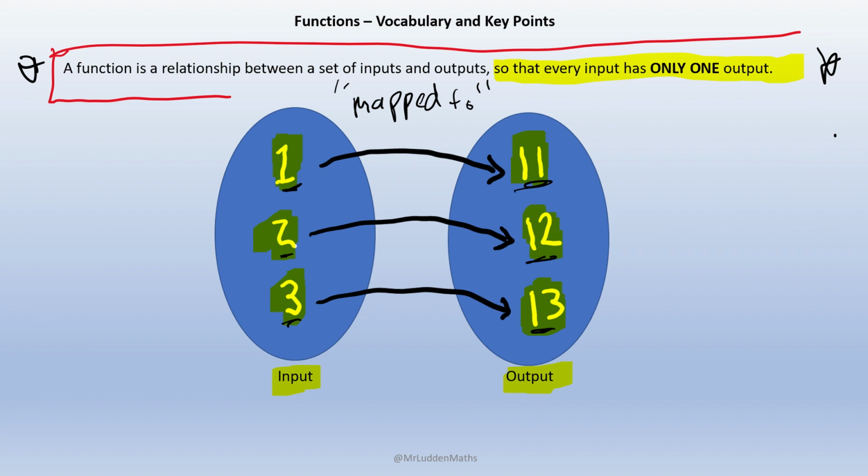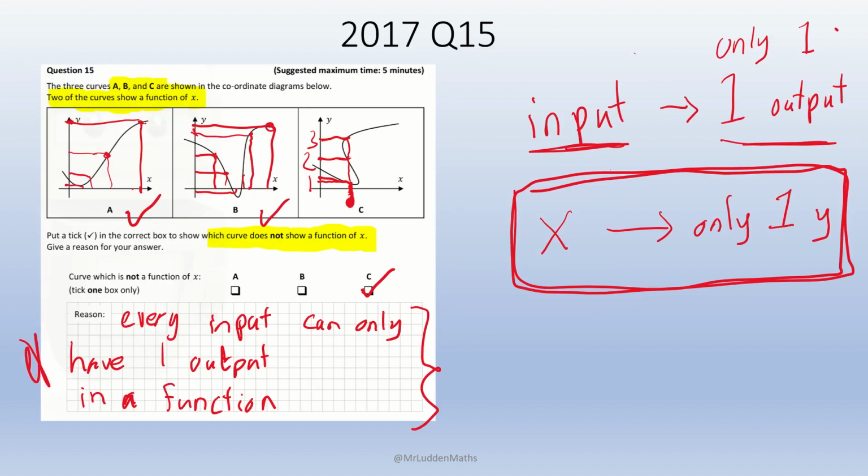Your reason is 99% of the time that thing right there. A function is a relationship between a set of inputs and outputs, so that every input has only one output, and that's more or less what I've written down here. So guys, just make sure that you're 100% clear on that.